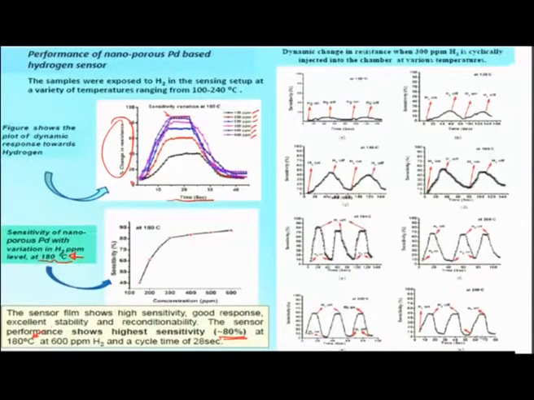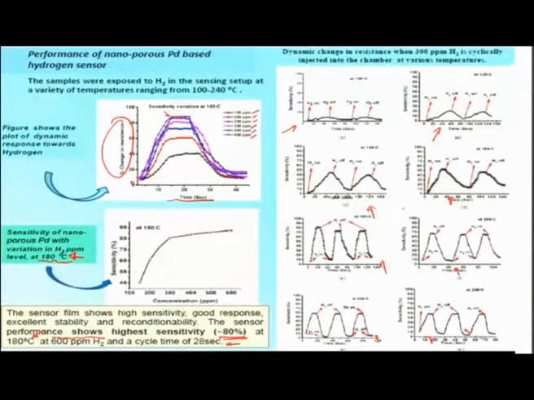There is a 600 ppm H2 concentration for which the highest sensitivity is again recorded, and a cycle time of 28 seconds is recorded. These are plots which indicate what happens at different temperatures. You can see that as we switch the MFC which injects hydrogen on and off, the resistance increases first, plateaus, and then goes down.